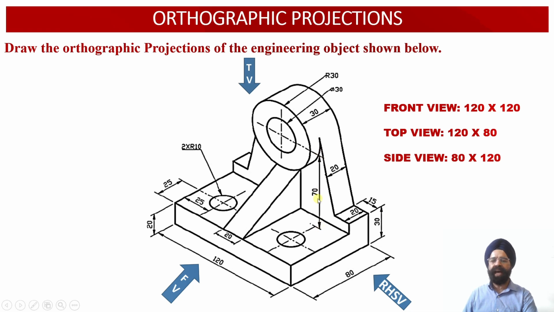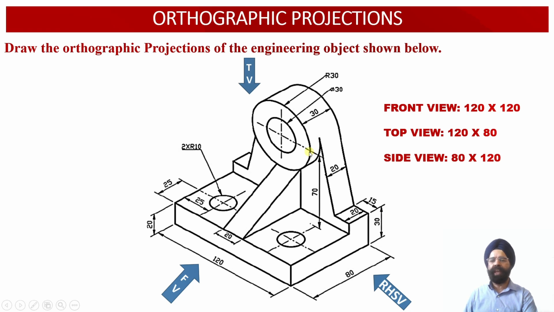So the total height of this circular hole center from the ground will be 70 millimeter plus 20 millimeter equal to 90 millimeter. And we know that through this center point, we are required to draw a circular projection such that the radius of this arc will be equal to 30 millimeter.